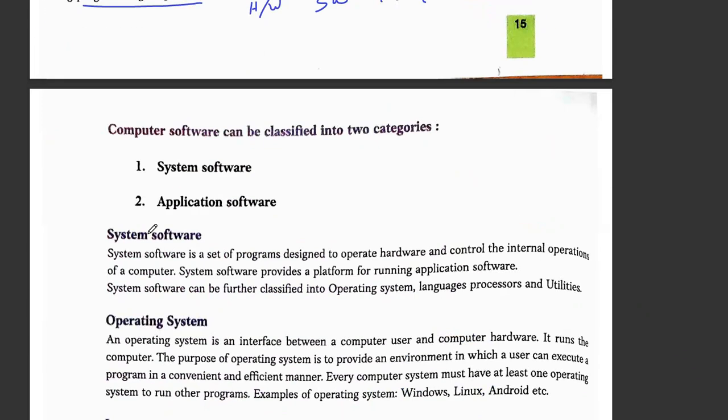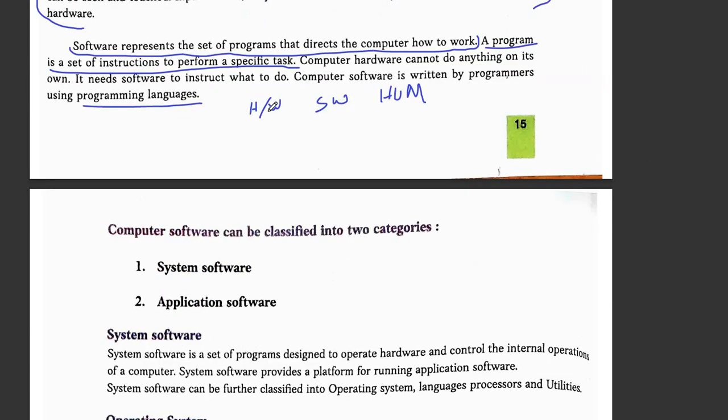Okay, so next, computer software can be classified into two categories. First of all, we came to know that a computer can be divided into three parts: one is hardware, one is software, and the other is humanware. Here in your book, the description of these parts is given. So what is humanware?